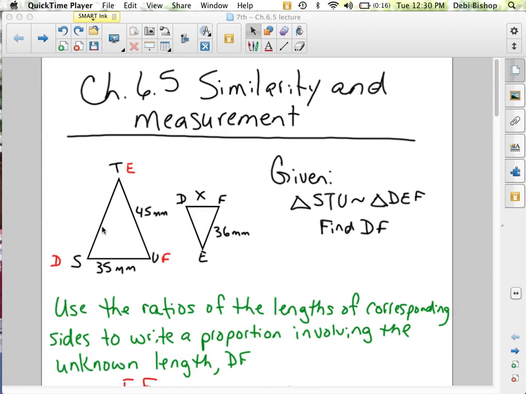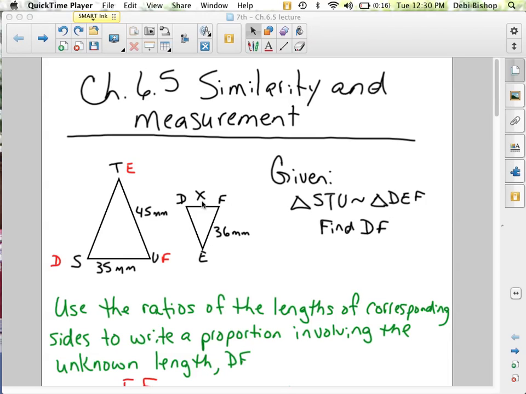So we start off. Given triangle STU is similar to triangle DEF, we need to find DF. In the black it gives us our original measurements. So TU is 45 millimeters, SV is 35 millimeters, and EF is 36 millimeters, and DF is what we're trying to find.